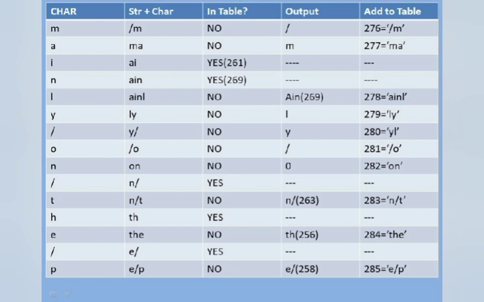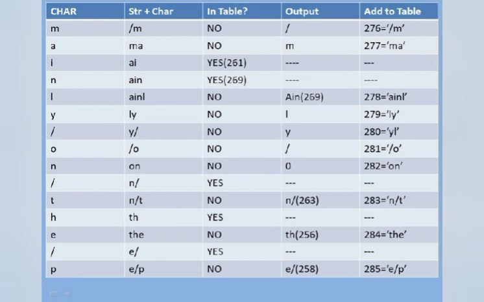So the new string is AINL and we will check in the table. No, it does not exist, and whenever this happens we will output the last yes value. In our case that is 269, and we will add to table this new string which is AINL.